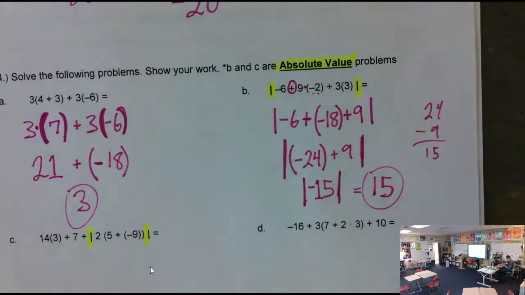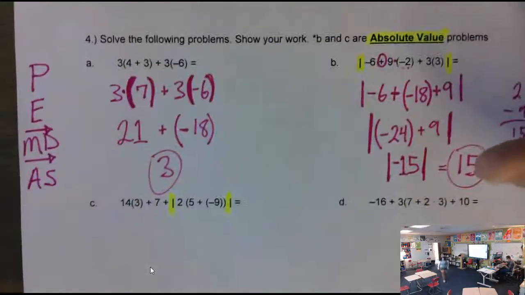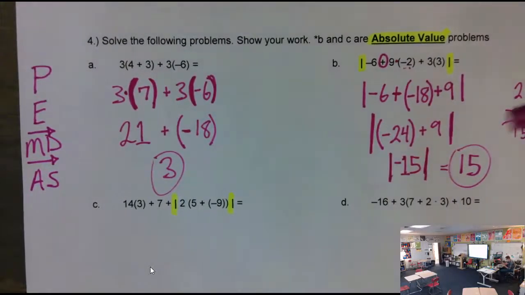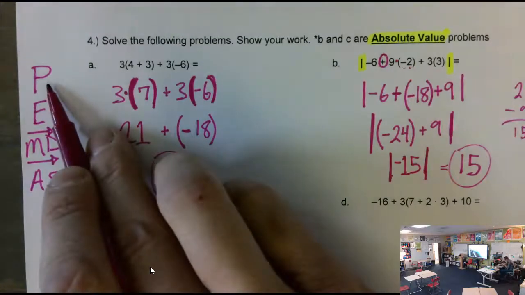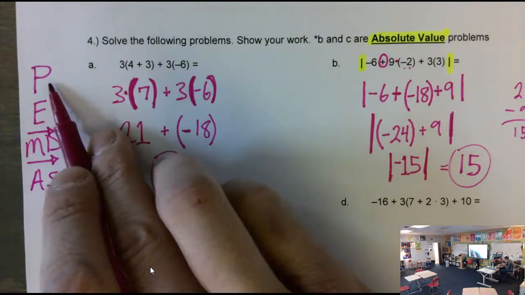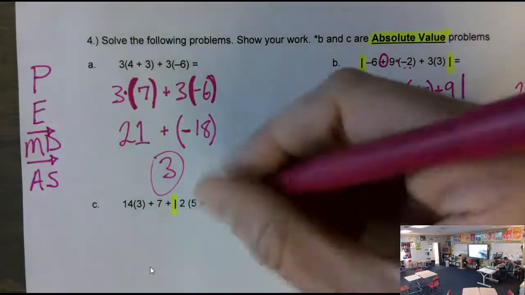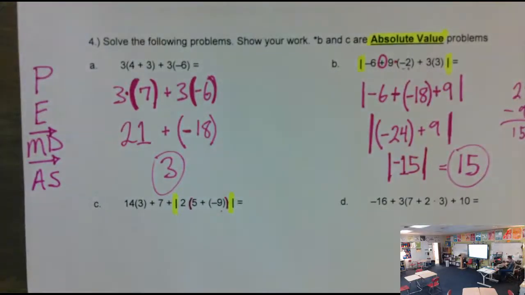So I'm going to go through C and D relatively quickly because we don't have tons of time left. 14 times 3. Ooh, so technically, I shouldn't do this first. Technically, I should look for my parentheses first. This parentheses has work to do. This parentheses, can I do 5 plus negative 9?